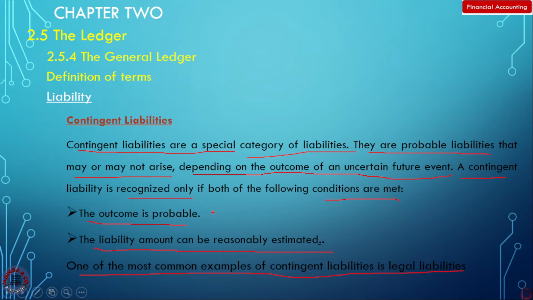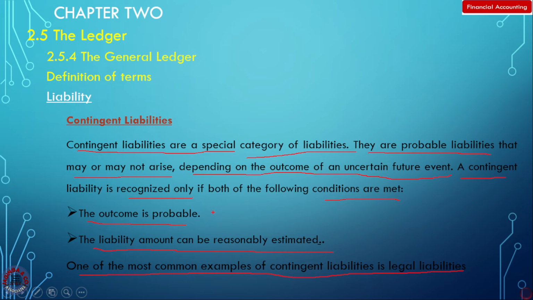So let's assume that for this legal case, you know very well that you will win, and you also know that when you win, you'll get this amount. When you're sure that you'll win and you are sure that you'll get this particular amount you can estimate, that will not be a liability. It will be an asset, but it will be a contingent asset.